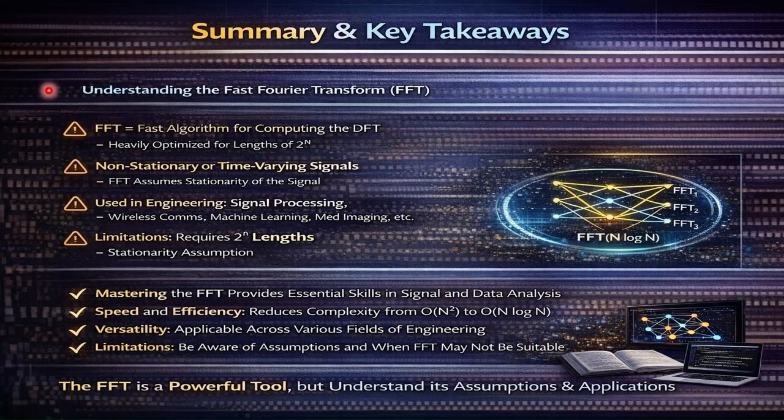We then explored how the Fast Fourier Transform changed the game, reducing the complexity down to O(n log n). This isn't just a faster version of the same math, it's a brilliant, structured reorganization based on the recursive divide and conquer strategy. We looked at the butterfly structure, which is the fundamental building block of this efficiency.